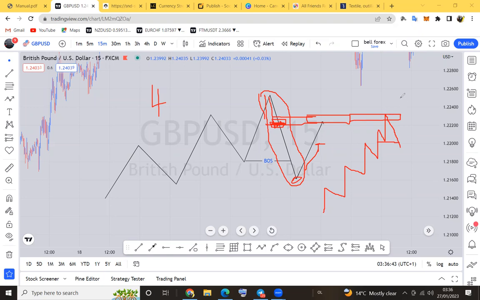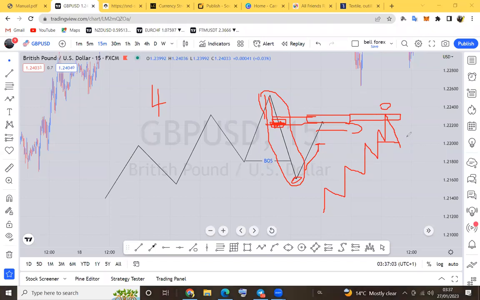Now, there are always fast people that will execute immediately when the market comes to the point of interest. Most of them will end up not making a dime. Because after this, when you are viewing this 4 hours chart on the 1 hour, you are going to see all these structures as I've shown you.